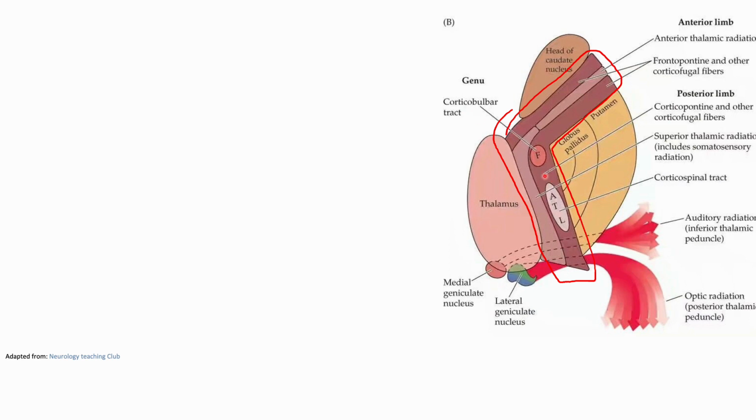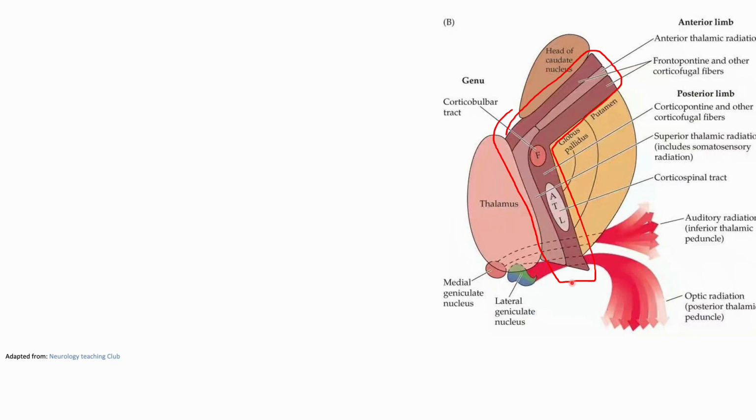Now the corticospinal tract is in the posterior limb here, and it's represented just like the homunculus. We have the face, the trunk, the lower limbs in this order like that, as you can see.